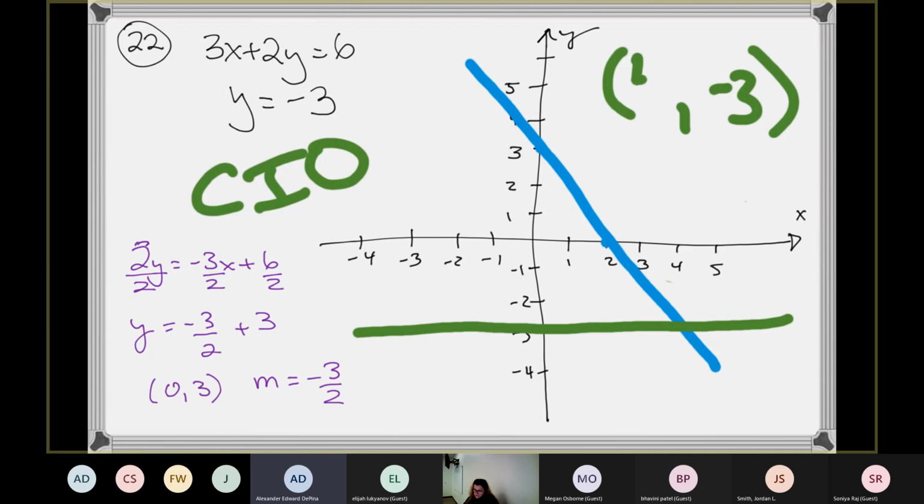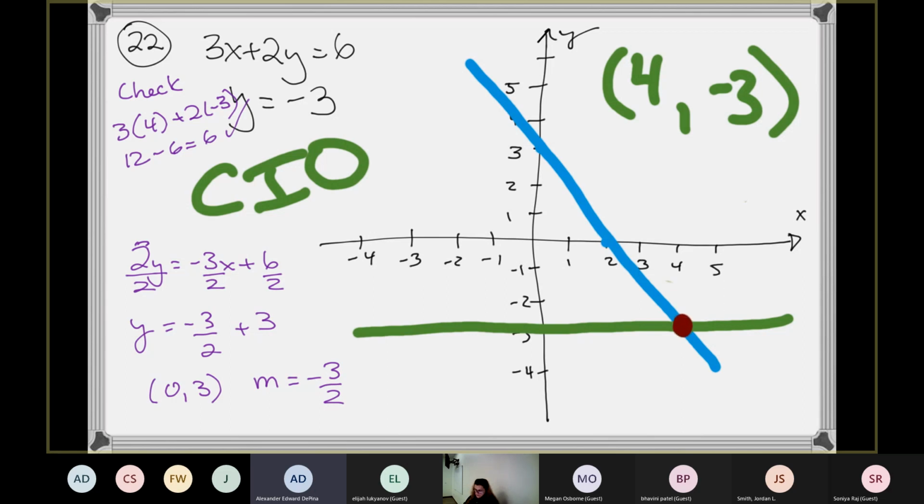It looks like 4, so we're going to go with 4, but I'm going to check it in the top equation. 3 times 4 plus 2 times -3 is indeed 12 minus 6, which is 6. Yes, here you go. We have CIO business.